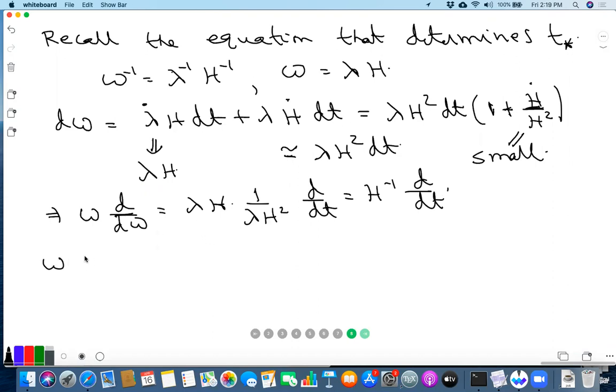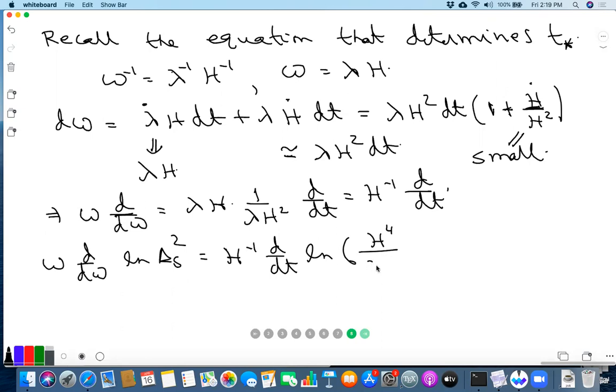So let's now calculate omega d d omega of log delta S square. So omega d d omega, you have already seen, h inverse d dt. And now we are going to use the expression for delta S square, which was, because it's log, the constant part really doesn't matter. So I can just write this as h to the 4 over del t phi bar square.